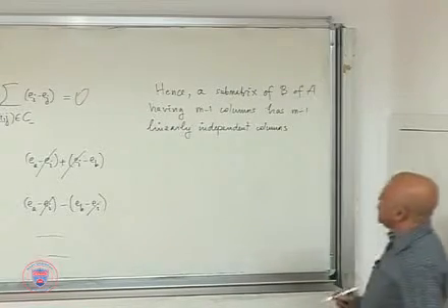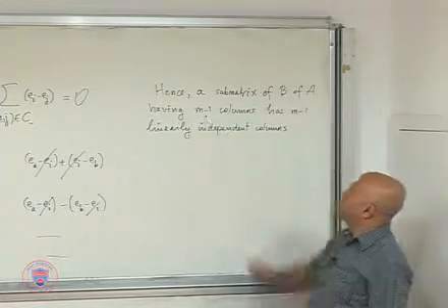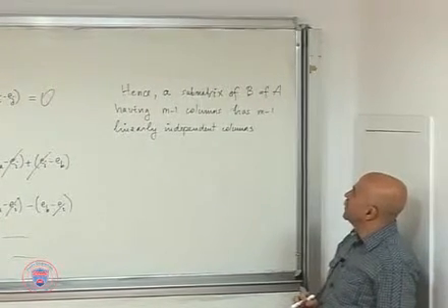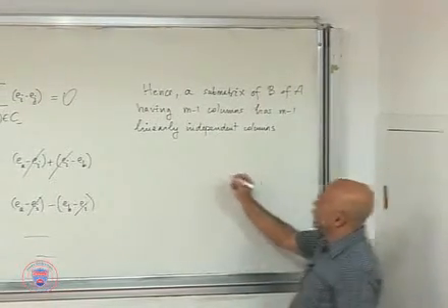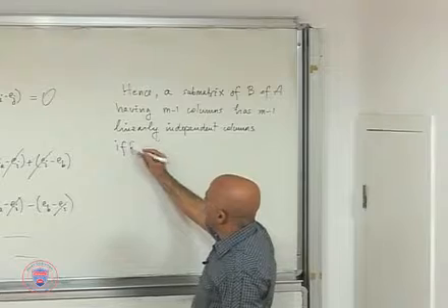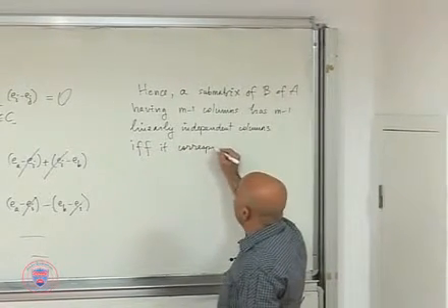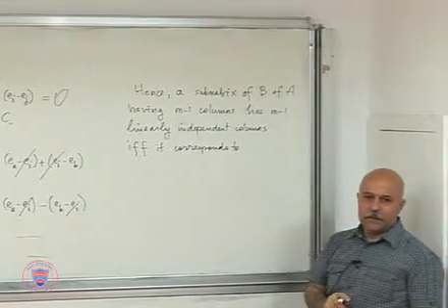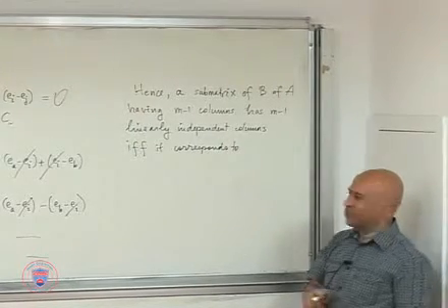So, a submatrix B of A that has n-1 columns from A has n-1 linearly independent columns if and only if it corresponds to a spanning subgraph that has no cycles, a spanning tree.